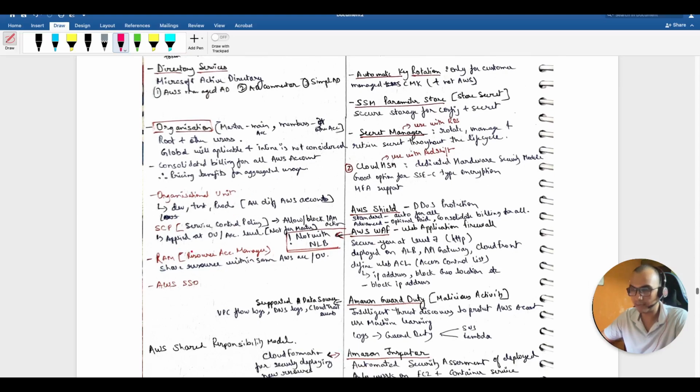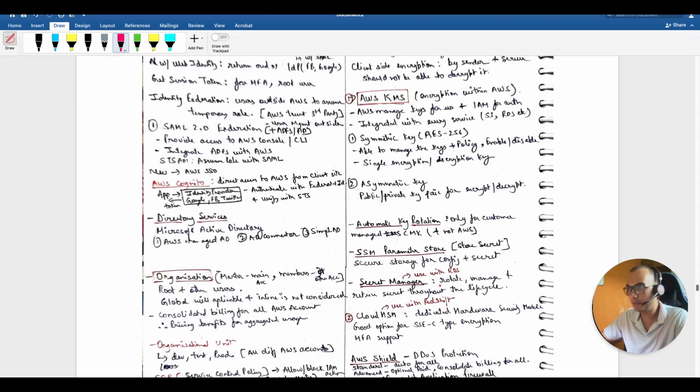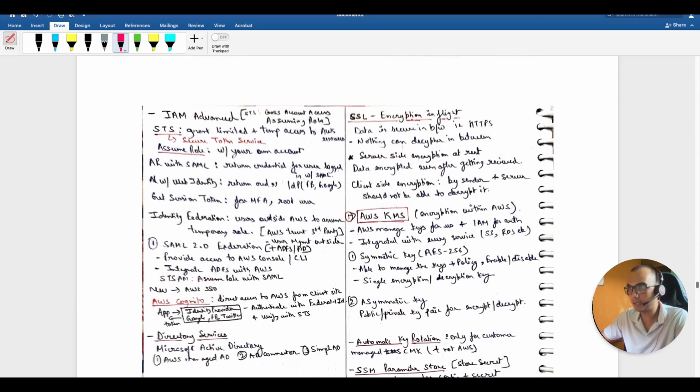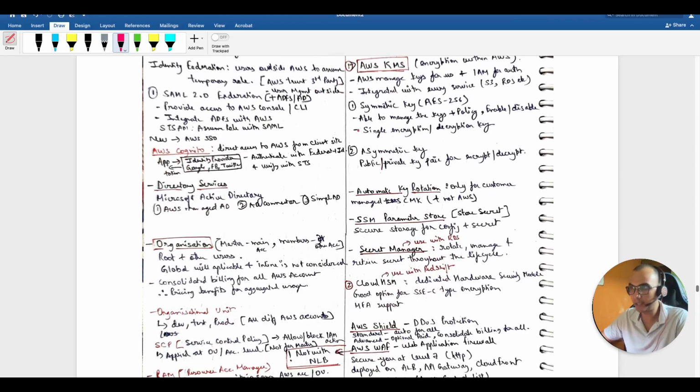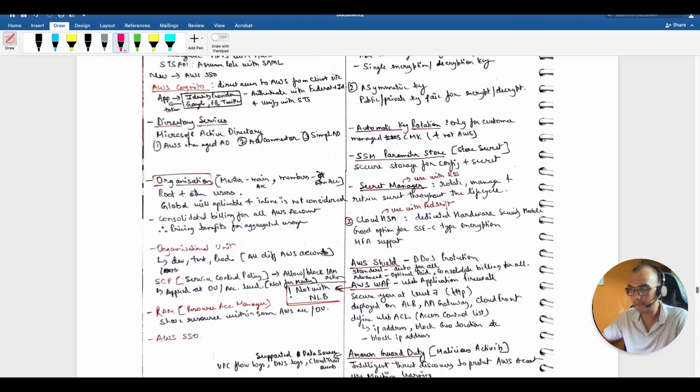Then what is Resource Access Manager, and this part is very important: encryption, because the exam expects you to have an understanding of encryption and how you are going to manage your services. So in that part, AWS KMS and the further services are very important.